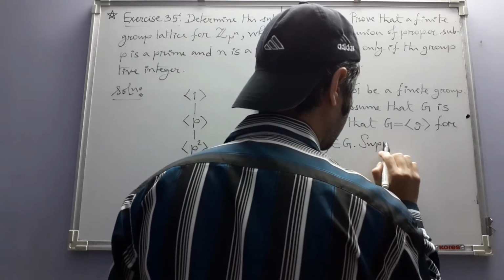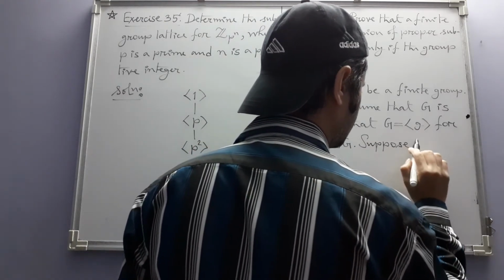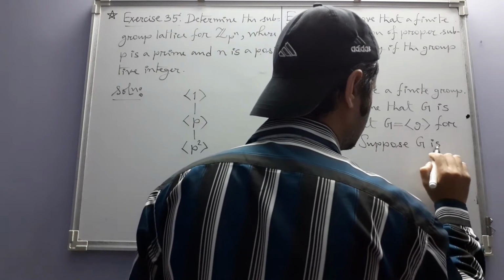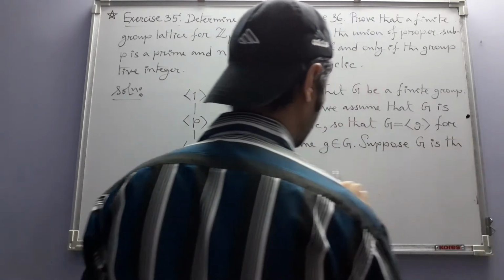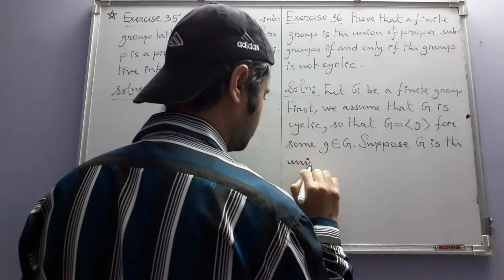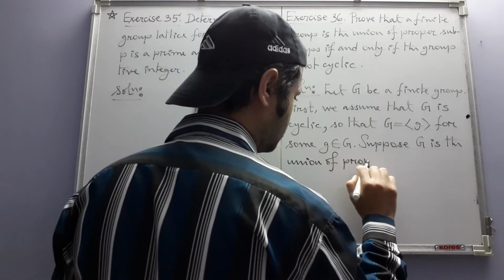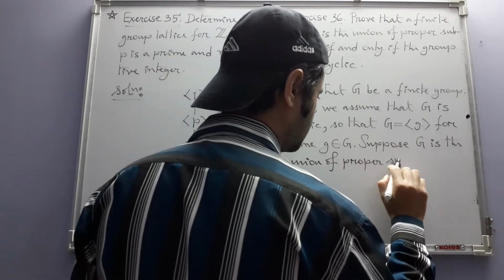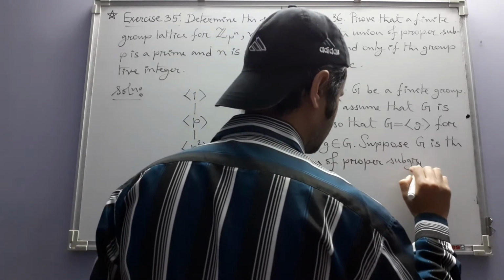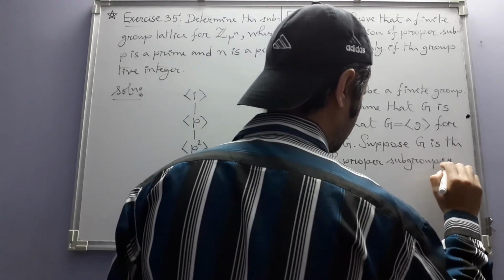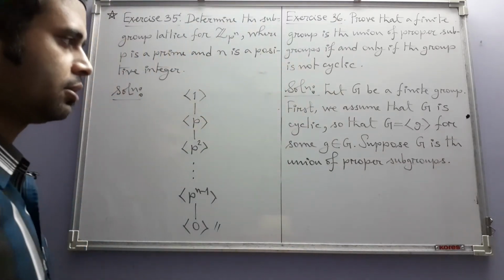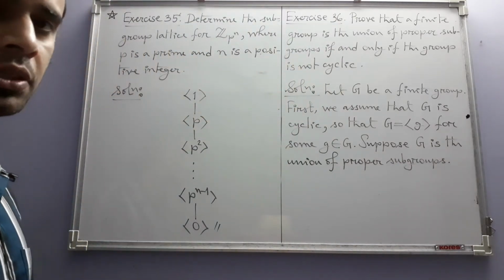Suppose G is the union of proper subgroups. Okay, then what is the implication of this supposition?